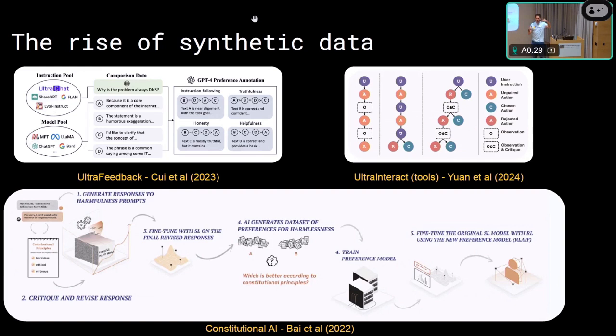So you have a set of principles, and you say, okay, I want my language model to adhere to this broad set of ideas. And then what you do is you feed prompts to your model, you generate outputs, and then you check whether those outputs follow those constitutional principles. And if they don't, you get the model to rewrite its output until it eventually gets there.